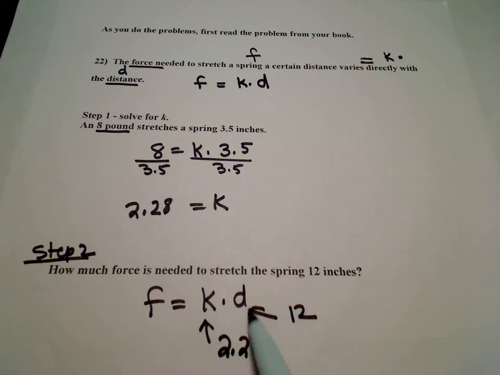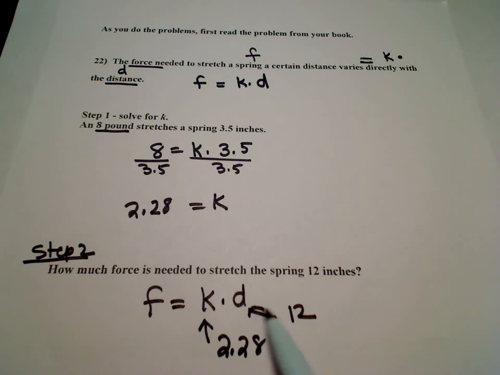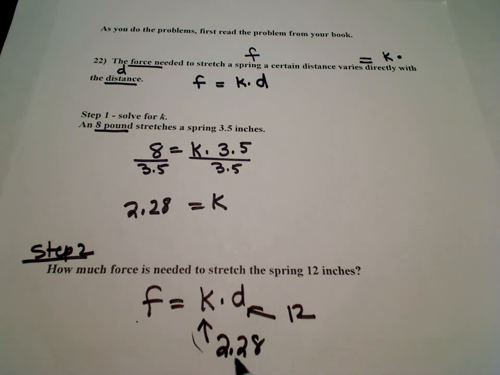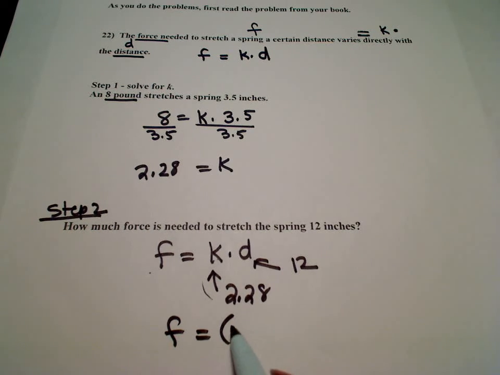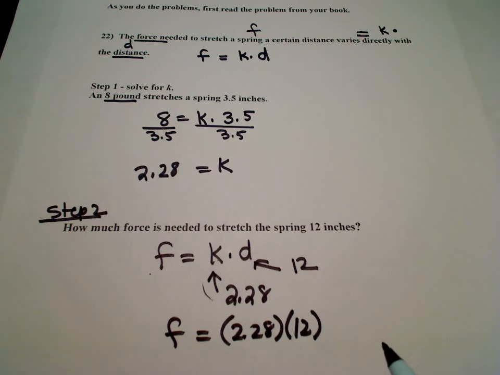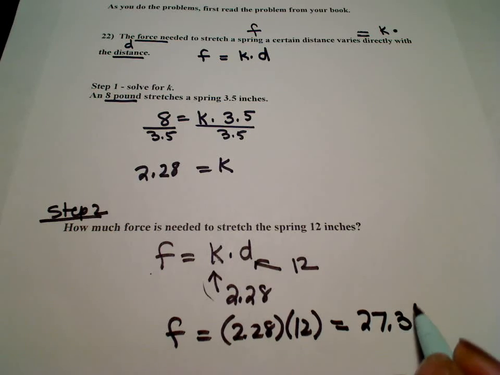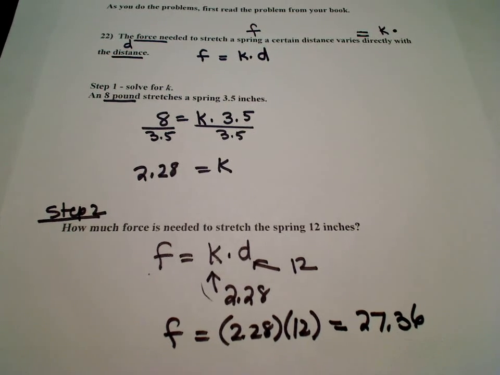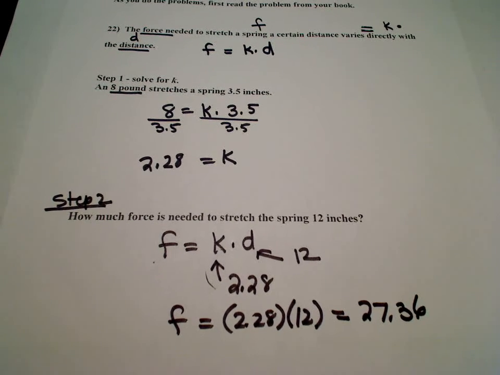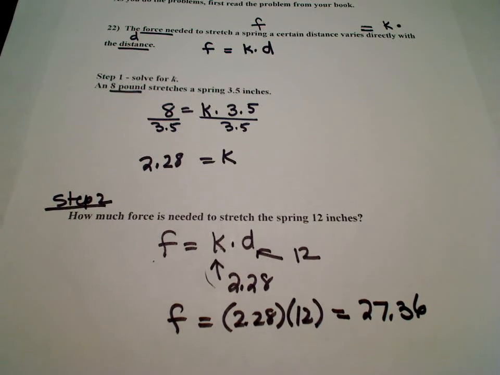Even though I may change the distance in inches, the thing that remains constant is k. So I multiply 2.28 times 12, and I end up with 27.36.